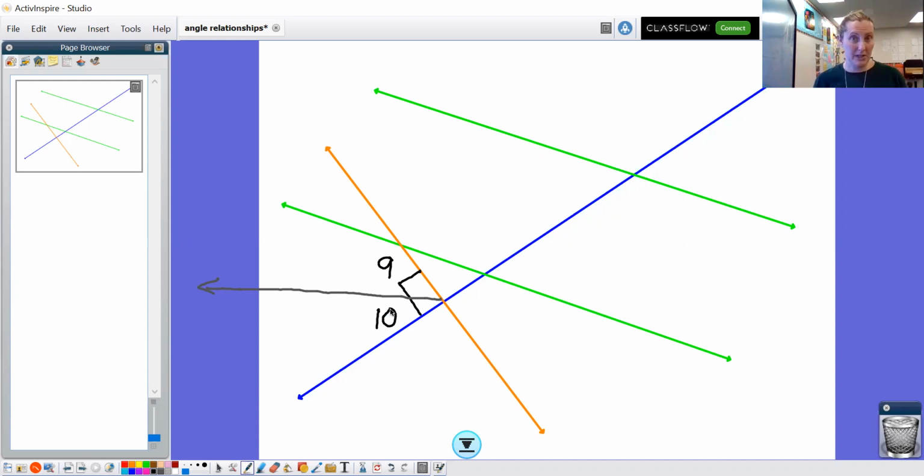number 9 and number 10. Okay, so we've got 1, 2, 3, 4, 5, 6, 7, 8, 9, and 10. All of those different angles there, okay? So angles 9 and angles 10 are adjacent angles.